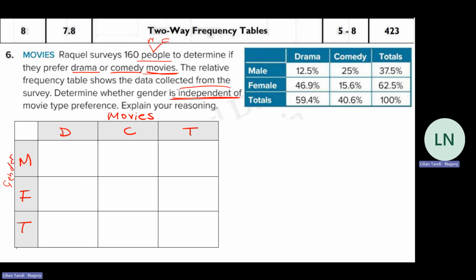So once I see this word, I have to remember I am going to do the totals. Total of row 1 times total of column 1. Total of row 2 times total of column 1. Here I am going to do total of row 1 times total of column 2.